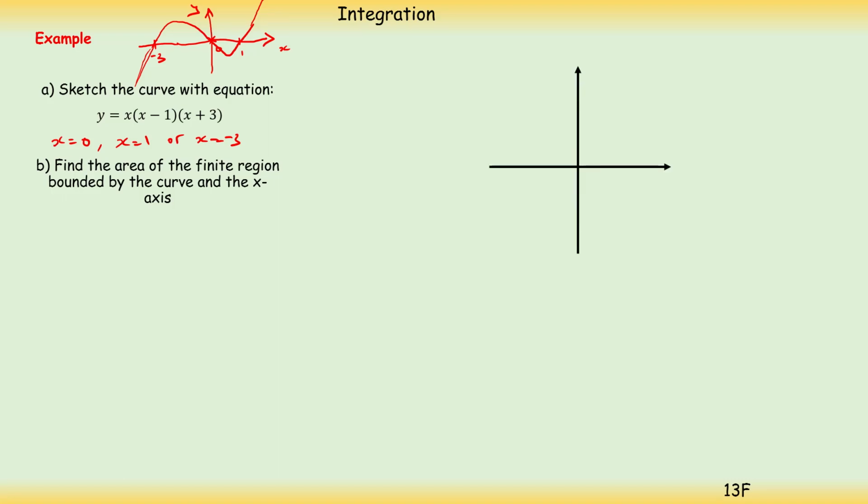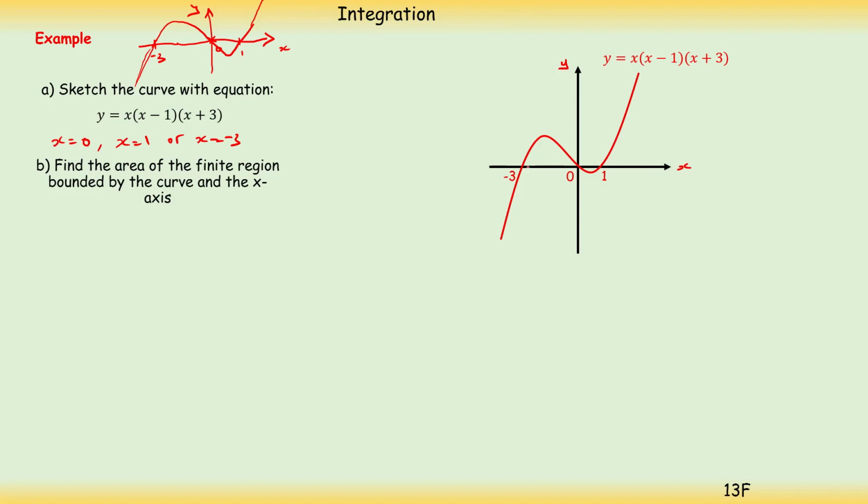So that's what our curve looks like in general. And if we have a better diagram, that's what it's going to look like with our coordinates there, minus 3, the origin, and 1. That's our y-axis, and that's our x-axis. So that's part A, we sketched the curve. Second part, find the area bounded by the curve and the x-axis.